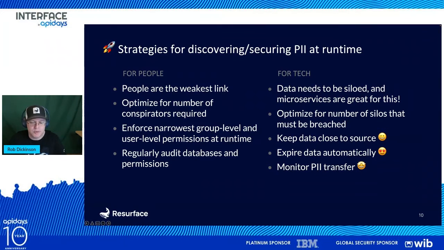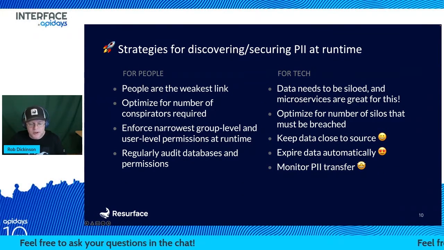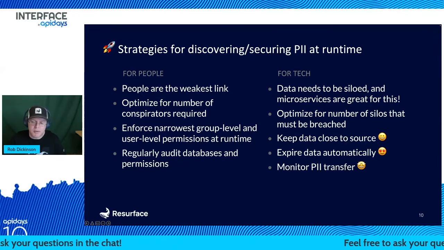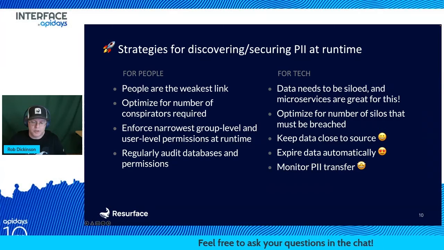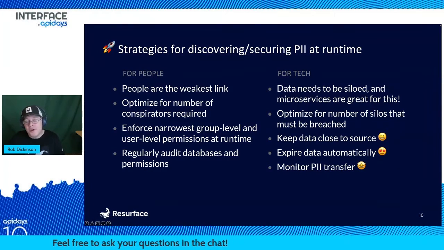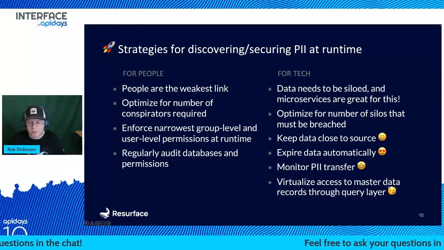How is it moving through those APIs? Just because an API may not be storing that PII, it may still be handling that PII. It may be an intermediary for that PII. So everywhere that that PII moves on the network and through your applications is an opportunity for leakage or for mishandling or misstorage of that PII. So if you don't know where that PII is moving on your network, you've got a problem.